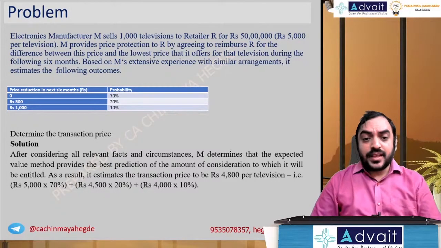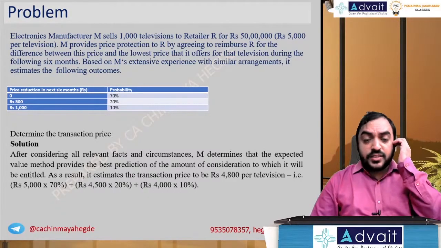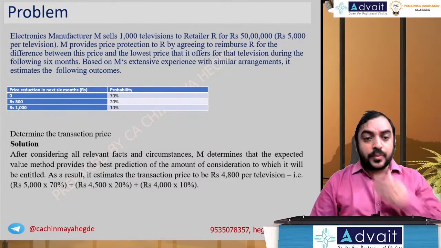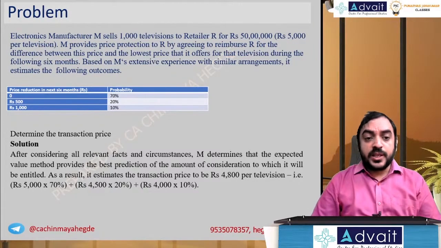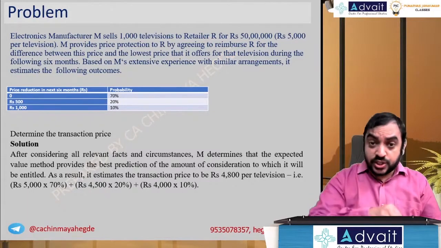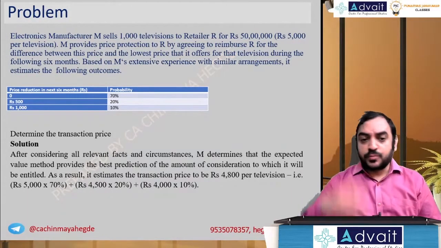Based on M's extensive experience with similar arrangements, it estimates the following outcomes. Price reduction in the next 6 months: zero reduction, 70% probability; 500 rupees reduction, 20% probability; 1000 rupee reduction, 10% probability. And then the total 100%.